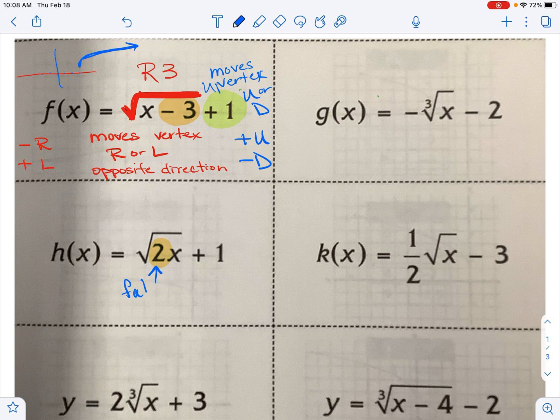Fatness or steepness, how fat or how skinny it is, changes the width of the graph, changes the shape of the graph. And it's usually going to make it steeper or flatter.